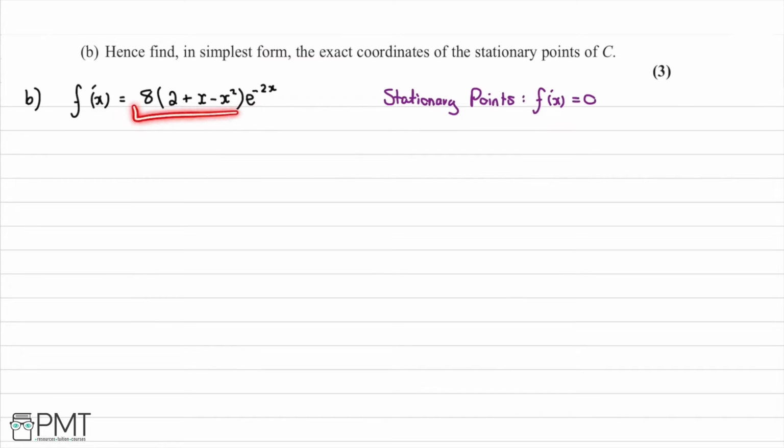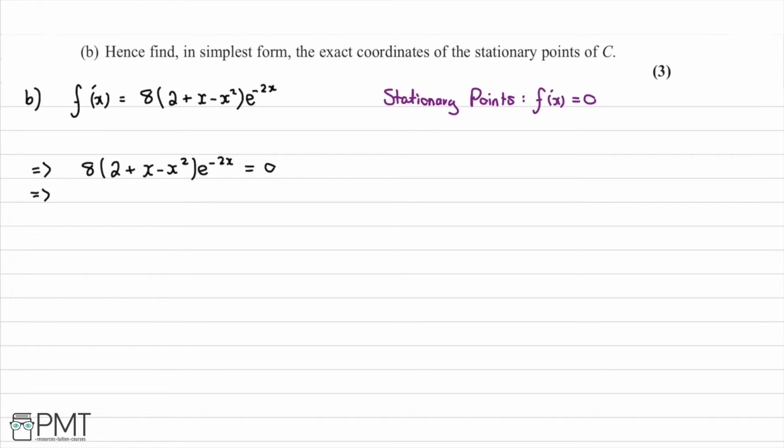So this was the derivative of f. What we're going to do is set this equal to 0. So we'll have that 8 multiplied by 2 plus x minus x squared multiplied by e to the negative 2x is going to be equal to 0. Now if we divide both sides by 8, this 8 will cancel out, and then if we divide both sides by e to the power of negative 2x, it will be cancelled out here as well.